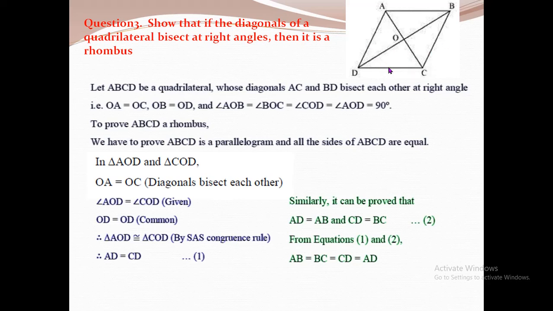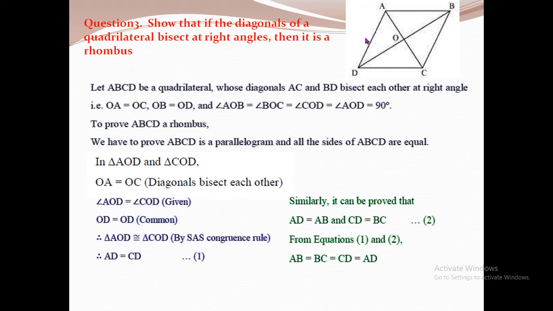AD equal to AB equal to BC equal to CD we get. So when all the sides are equal, and the diagonals bisect each other, then it is a parallelogram, and because all the sides are equal, it is a rhombus. Firstly, because the diagonals are bisecting each other, it's a parallelogram.